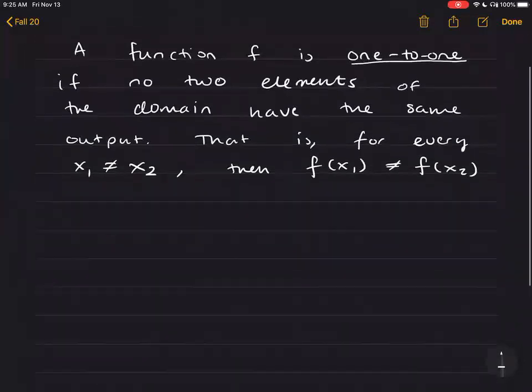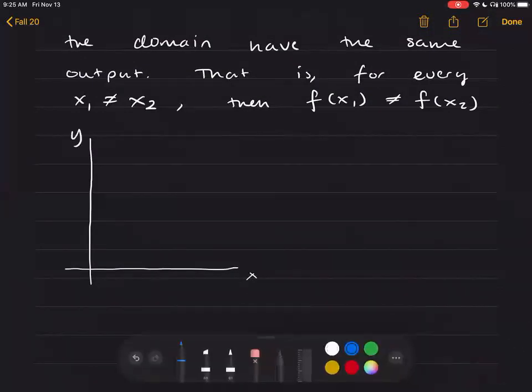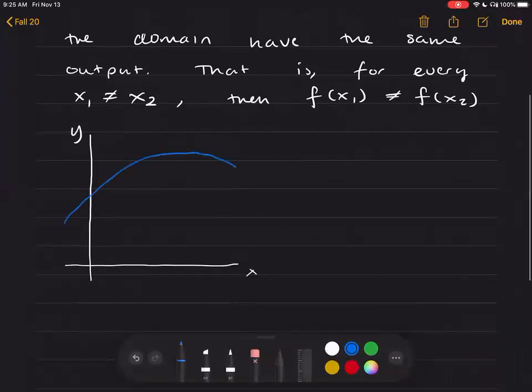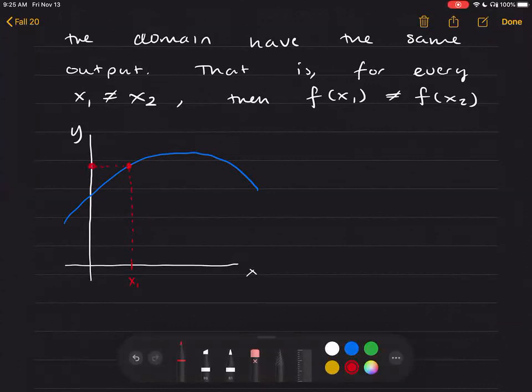In pictures, because usually this is easier to see on a graph, it's actually easier to see what's going on if we look at something that's not one-to-one first. So if we do something maybe like this, and we look at x1, we go up here, it hits at this value. So this is f of x1.